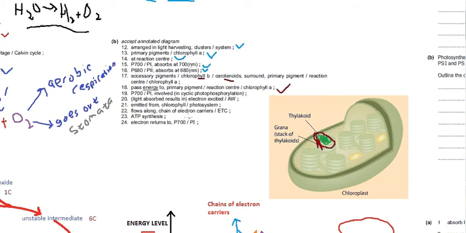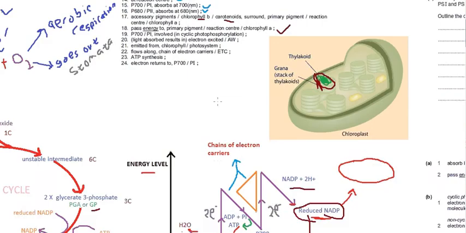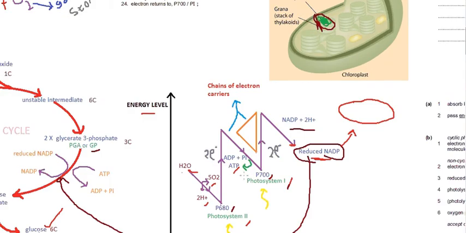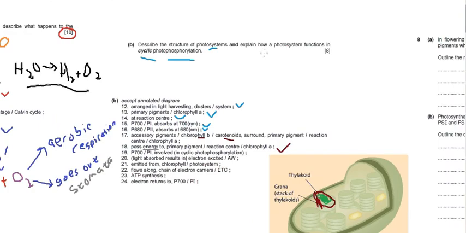Then we have this P700 involved in cyclic photophosphorylation. So we should say, as we can see here, it's only photosystem 1 that is involved in cyclic photophosphorylation, whereas non-cyclic is different.